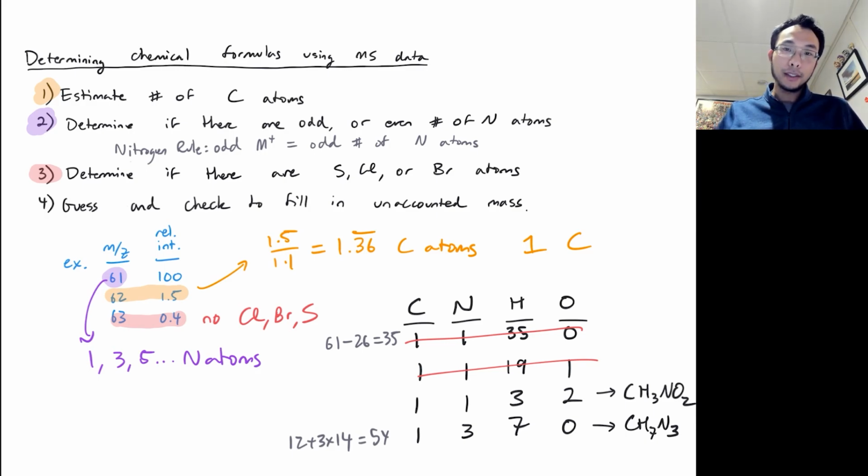Finally, we should always go back and just double check that everything makes sense. So when we were looking at the m+1, we had noticed that this value was a little bit higher than the 1.1 we might have expected for just having 1 carbon. If you recall the isotope pattern for nitrogen, nitrogen has about 0.4 to 100 of the heavier isotope of nitrogen.